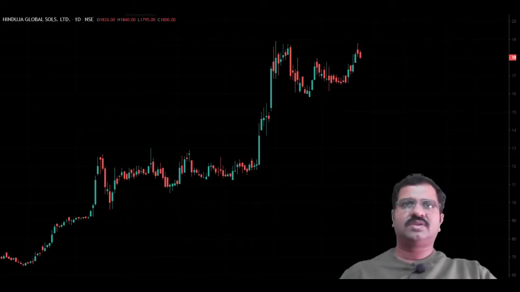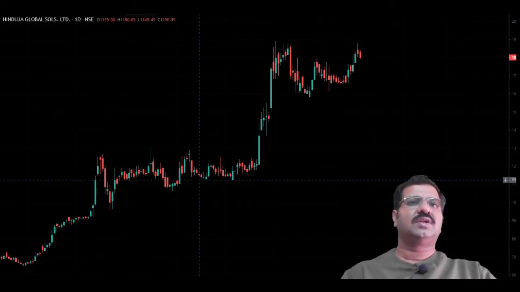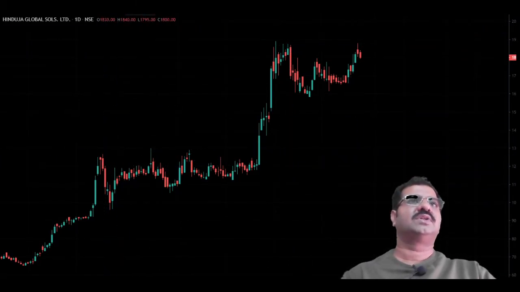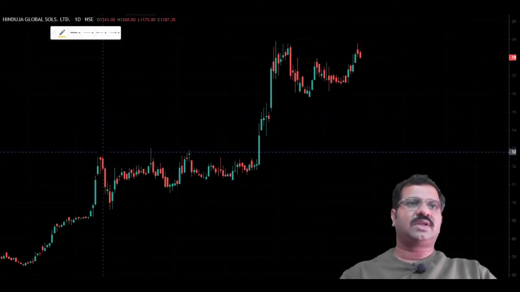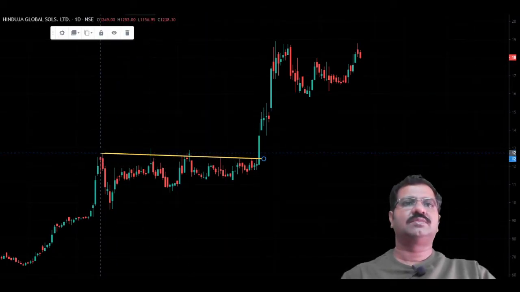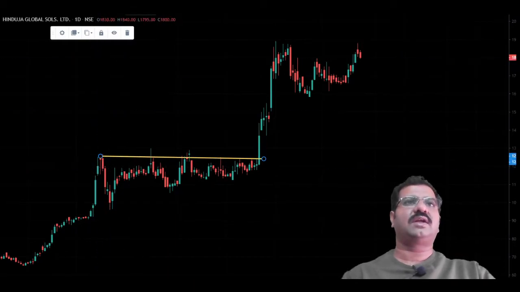See, this is again a triangle breakout, an uptrend triangle breakout happens. This is a triangle, right? This is more or less like an ascending triangle.